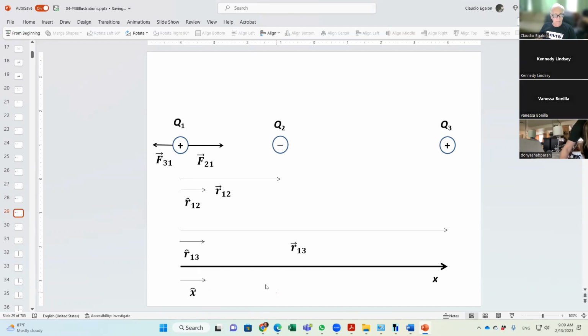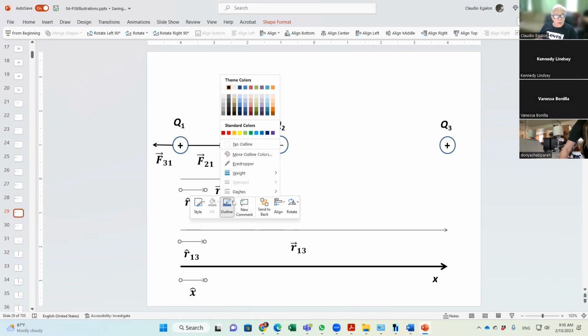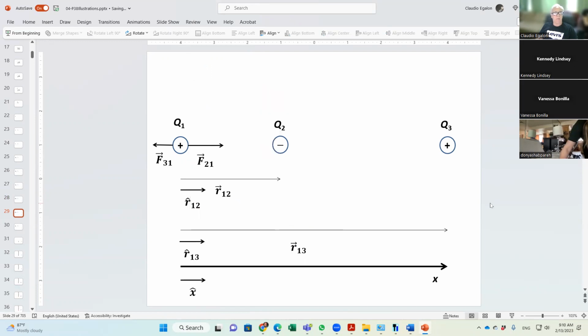And because those are unit vectors, I'm going to make them a little bit thicker as well, to distinguish from the vector position.